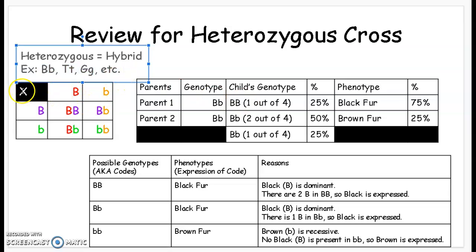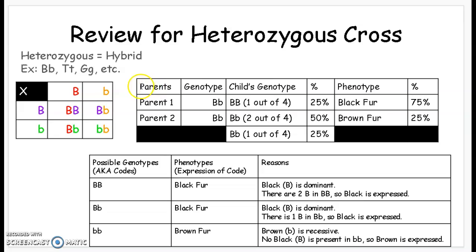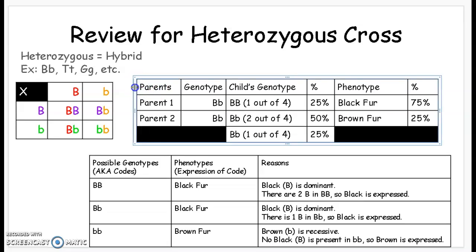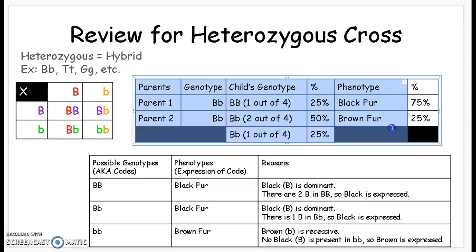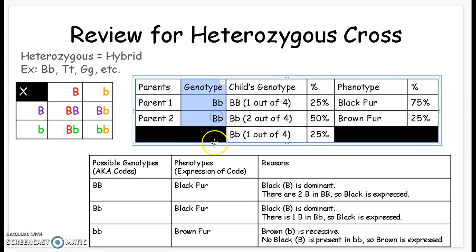And so, this is a Punnett square of two parents that are heterozygous. Both of them are heterozygous. This is a chart showing the genotype of the parent, percentages of the child's genotype, and the phenotype.